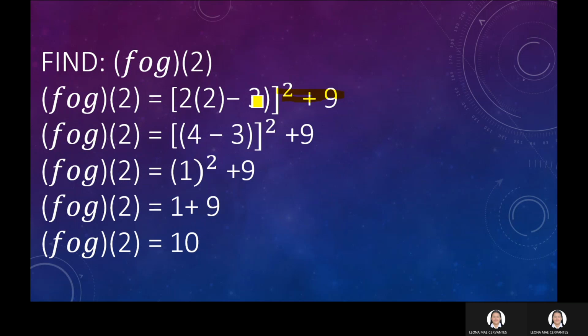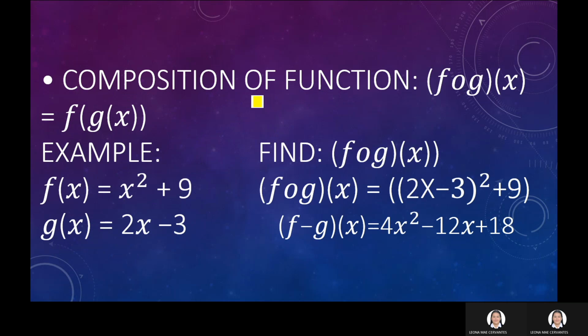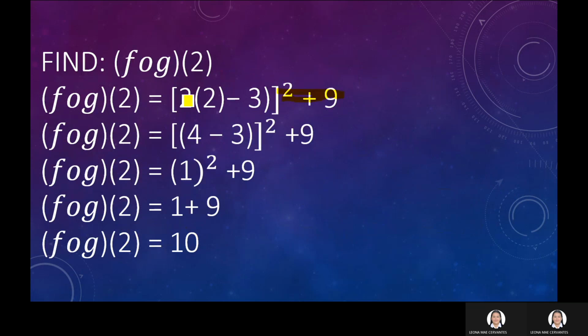Then substitute the value of x with the value of g of x. So the value of g of x is 2x minus 3. So we have 2 times 2 minus 3.